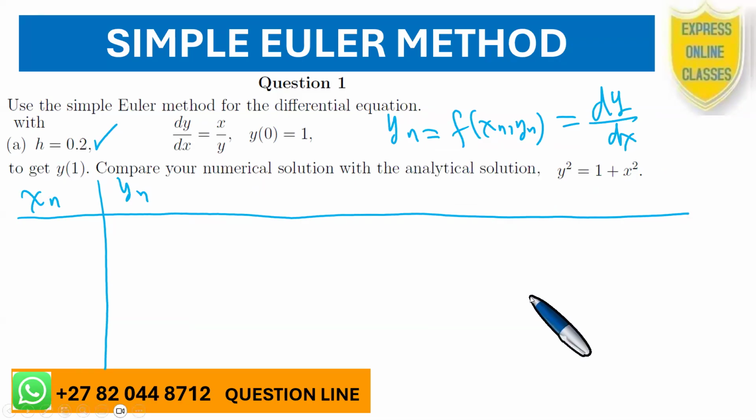Now we're going to start by looking at how we draw the table in the case of the simple Euler.